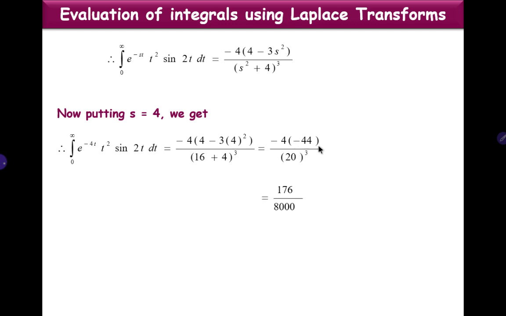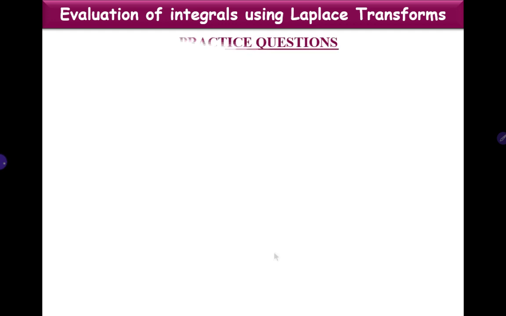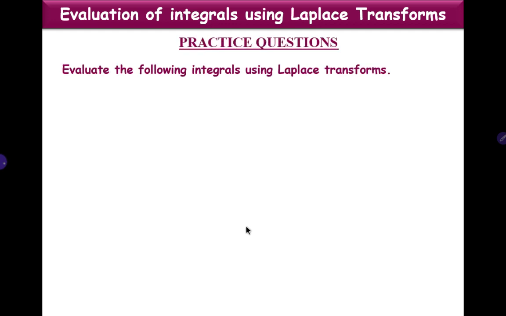That is equal to 4 into 44 is 176 by 8000. Cancelling with 16, both the numerator and denominator, 16 goes 11 times here and 500 times in the denominator. So we get 11 by 500. Therefore, integral 0 to infinity e power minus 4t into t square sin 2t dt is equal to 11 by 500. So now you apply this technique of Laplace transform to evaluate these integrals.